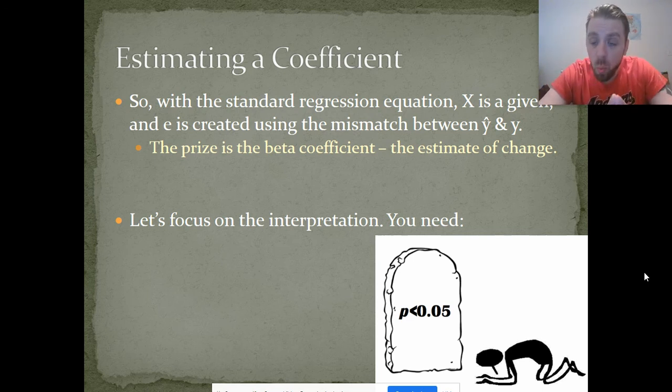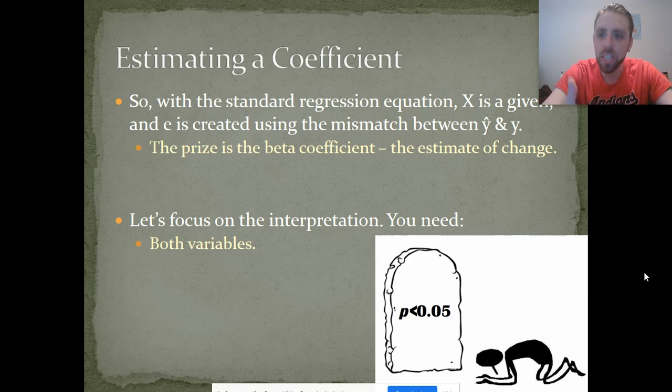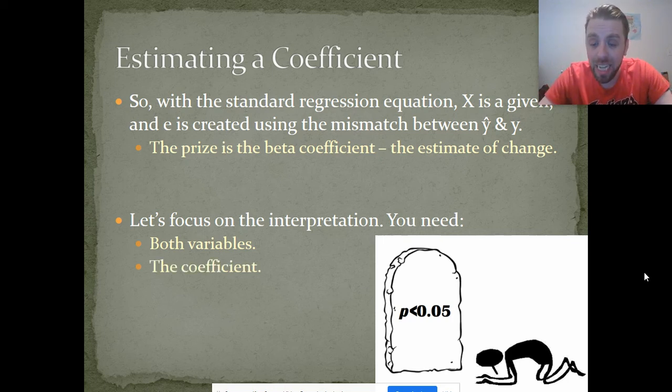Now, in order to do this well, let's focus on what is needed for the interpretation. First, I'm going to need both variables. I must express this as a change in y given a change in x. Therefore, I must be referencing both variables in my interpretation. That's number one. Number two, I need the coefficient. I need to be mathematically representing what that change in y is given the movement in x.